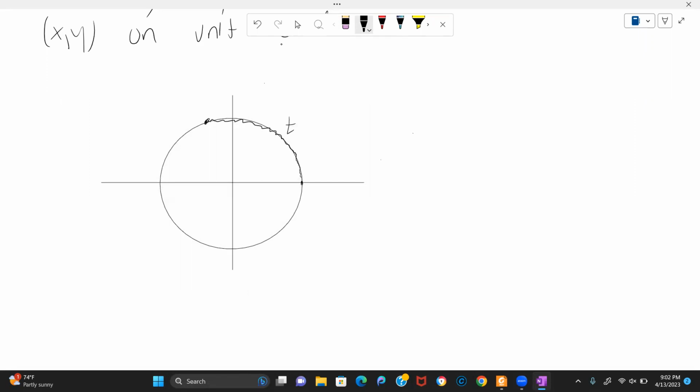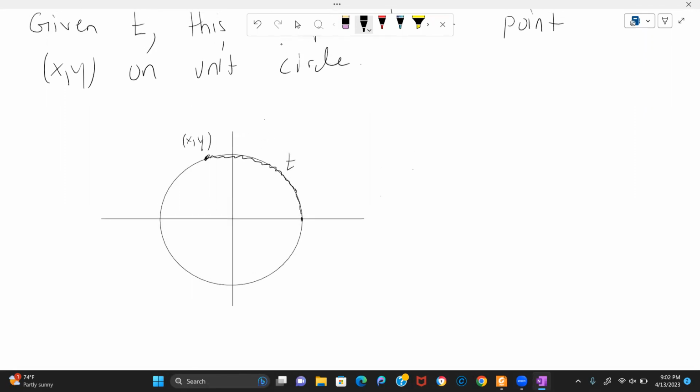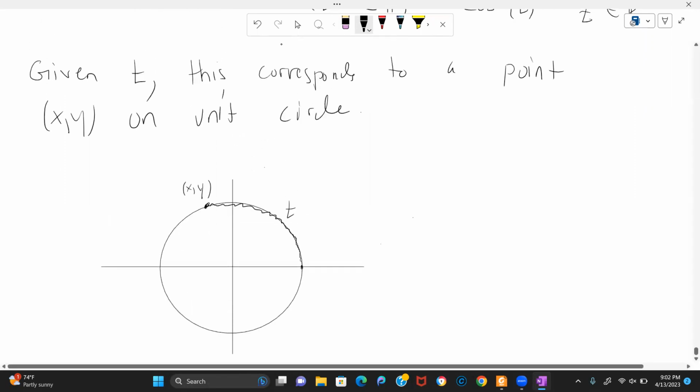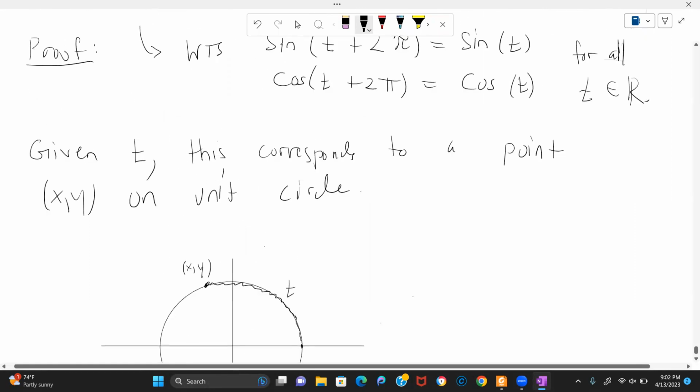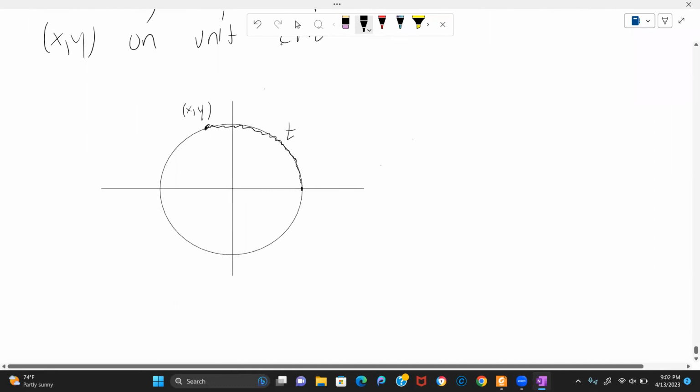So you travel t, and you land at x comma y. So this of course implies that cosine of t is equal to x, and sine of t is equal to y. That's just by definition.